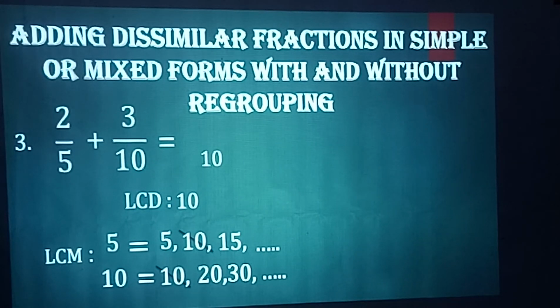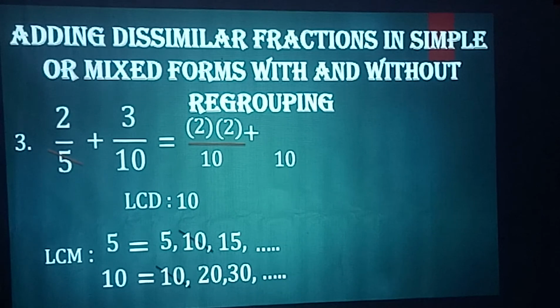And 10 divided by 5 is equals to 2 times 2 plus 10 divided by 10 is equals to 1 times 3, so 2 times 2 is 4 plus 1 times 3 is equals to 3 over 10.